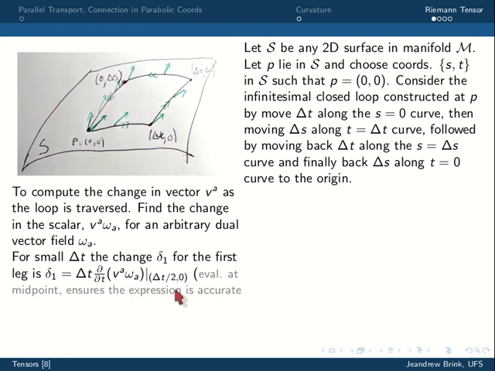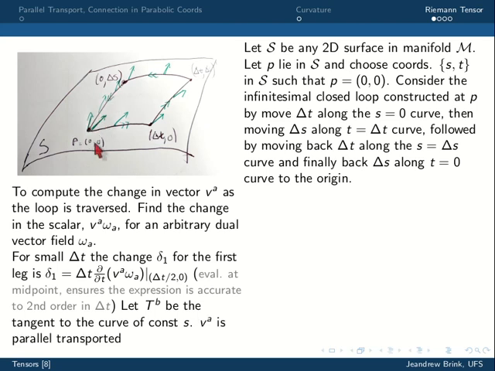It's simply a better approximation at a point, and it's basically accurate to second order in delta T. And so the way we do it is let T^B be tangent to the curve of constant S. In other words, T^B points along that curve, and let V^A be parallel transported along T^B.